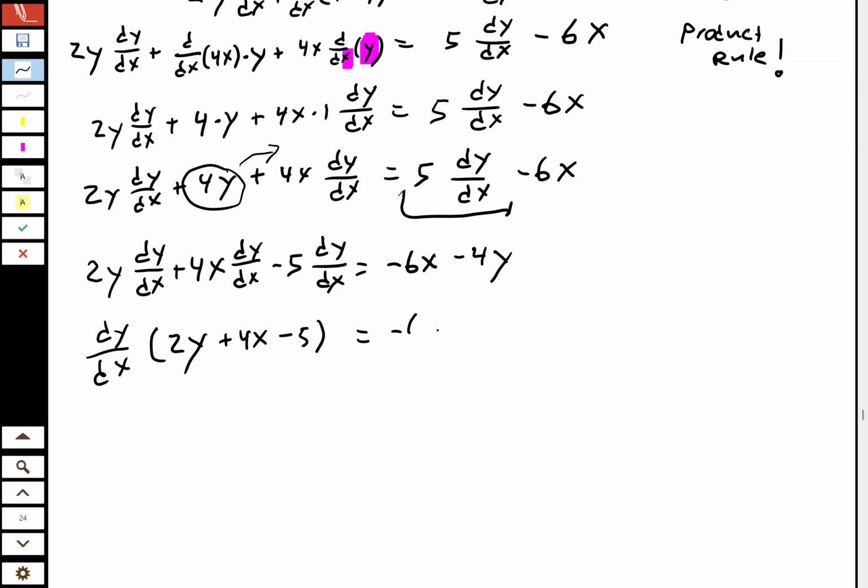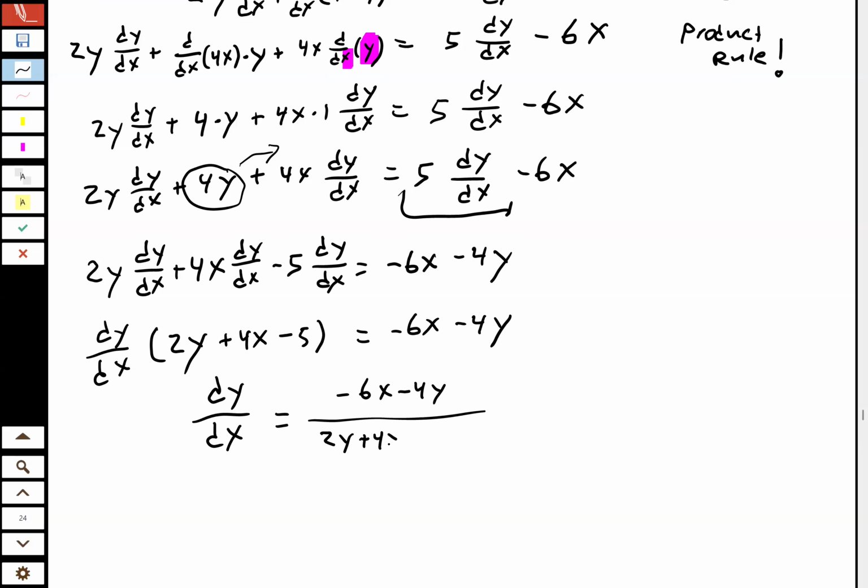So by bringing everything that had that dy/dx to one side, I could factor it out to isolate it, and now I can divide by this larger quantity 2y plus 4x minus 5. Dividing by that expression leaves me with negative 6x minus 4y divided by 2y plus 4x minus 5.